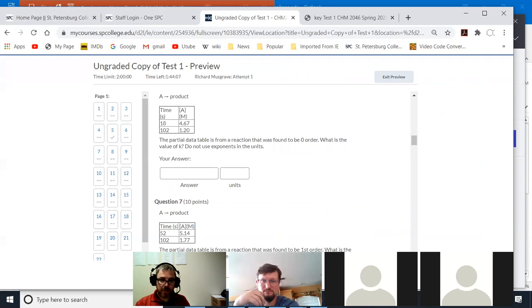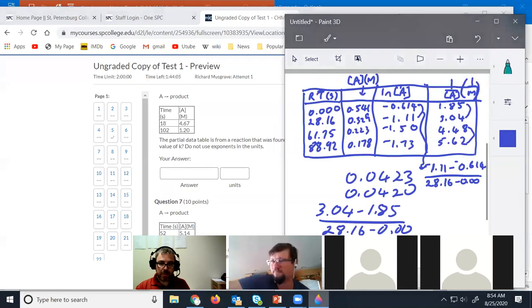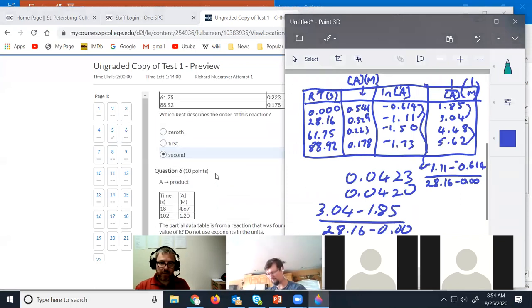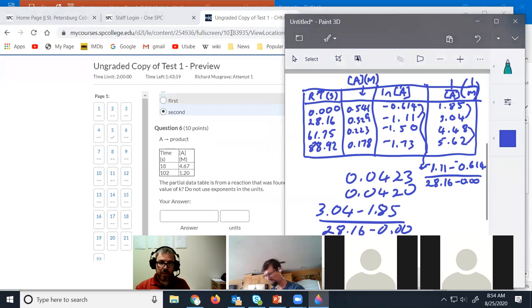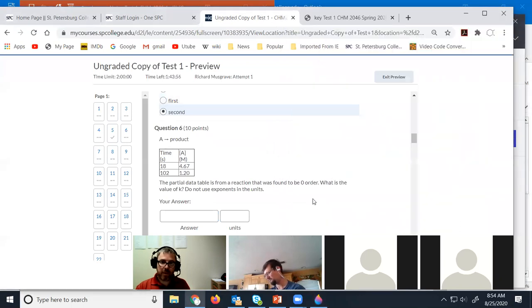Okay, any other questions? All right, let's look at this next one here. You'll notice that you're given a partial data table. You're told that it's zero order, so you're looking for the value of k.